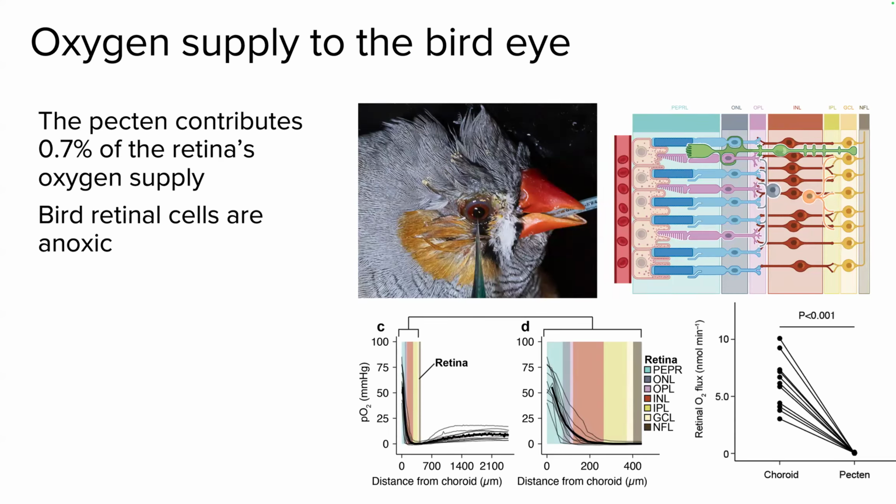And they saw some effects on pH within the eyeball, and they saw that the retinal neurons die off. So it means that the pecten must have a function to support the retina, which I'll also come back to in a few slides. But it would be a nice technique to learn, to be able to manipulate the pecten and then see what the consequences are.